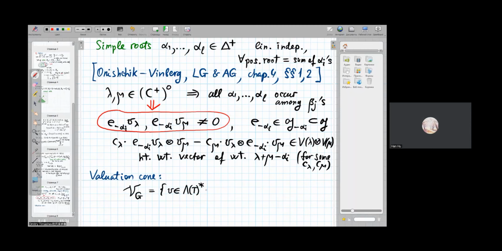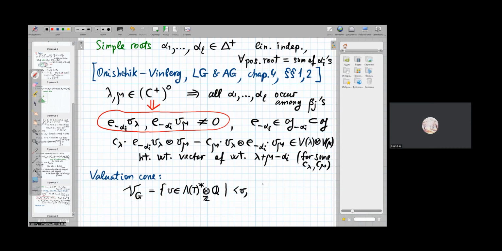The weight lattice was already identified with the dual of the character lattice. So all vectors sitting in this dual lattice tensor Q over Z, of course, such that the pairing of V with any tail is non-positive.